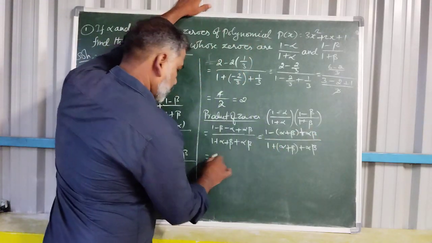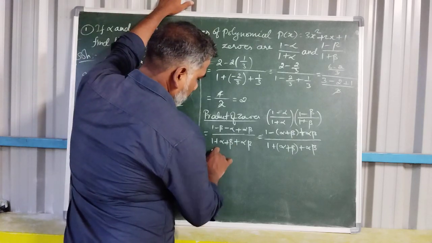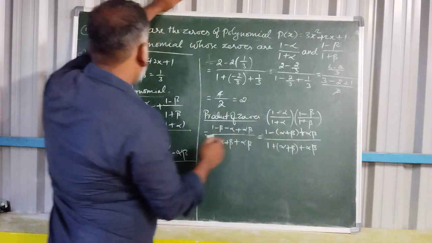Good. In the next step substitute the values: 1 minus, what is alpha plus beta?